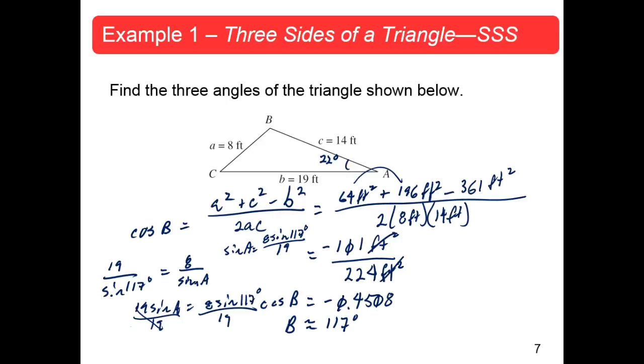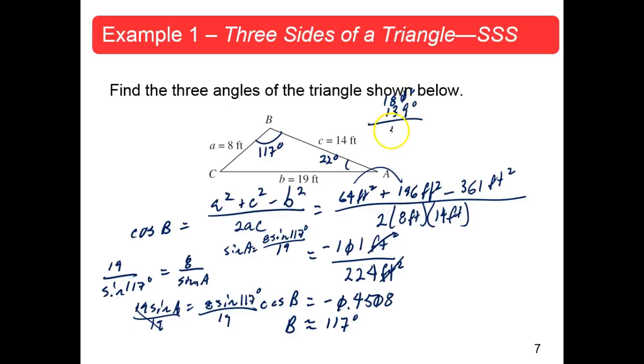So we got 2 angles, 117 for B. How do we get C? Oh, we don't need law of cosines. We don't need law of sines. We can just subtract. And sure enough, that'll give it to us. Add those two together and you get 139. Subtract that from 180.